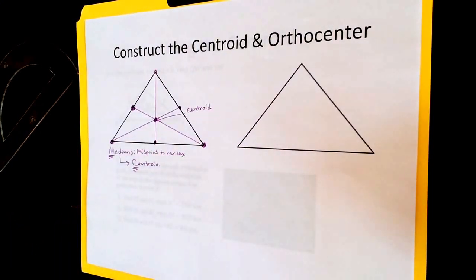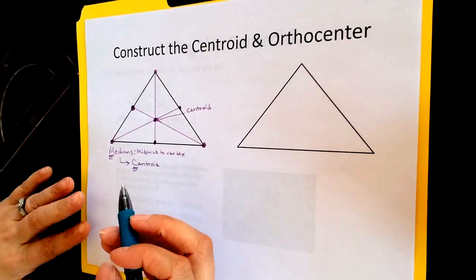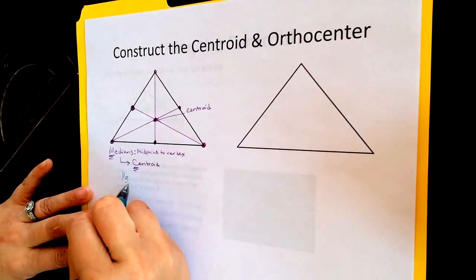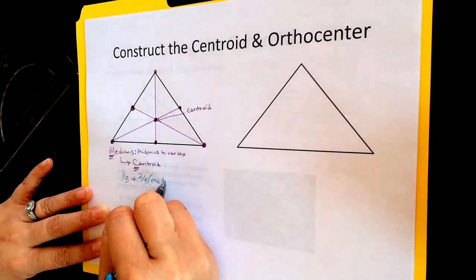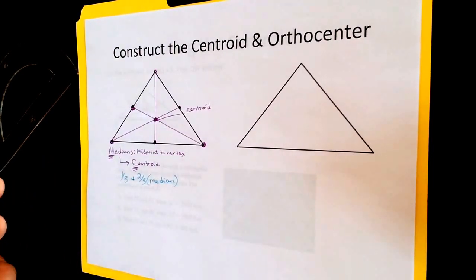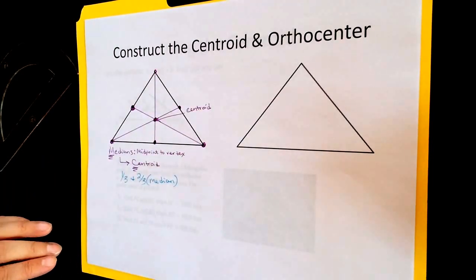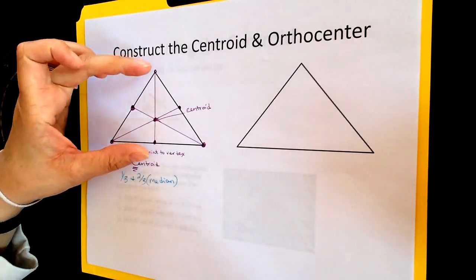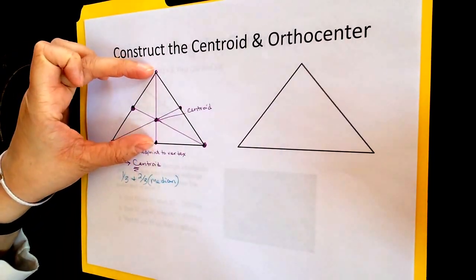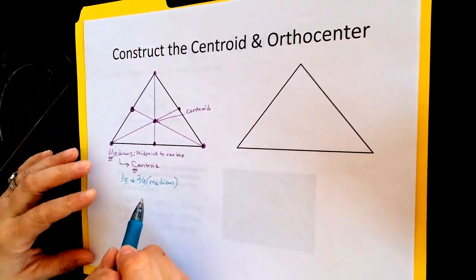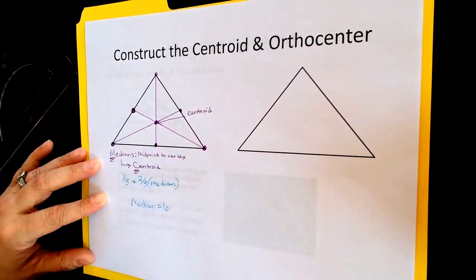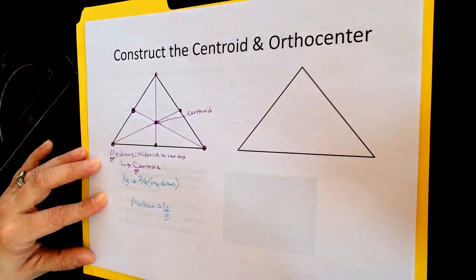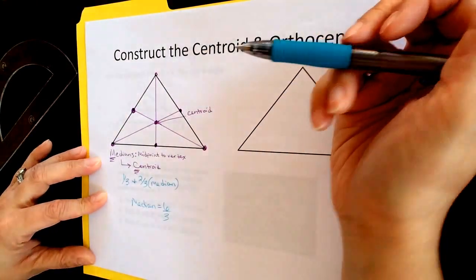Okay, now let's remember what its property is. Remember, the centroid's property is the whole 1/3 and 2/3 of the entire median. So we'll talk about that for a second. Imagine taking this median and splitting it into thirds. For instance, if I told you that the whole median was 6 units long and you split that up into thirds, that means you split it up into 3 equal pieces.